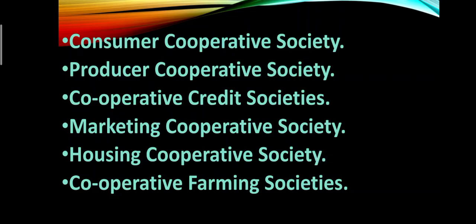Now let us recap the session. You have the first one, consumer cooperative society. So consumer cooperative society is organized by consumers of a locality for supplying essential goods at a reasonable price.